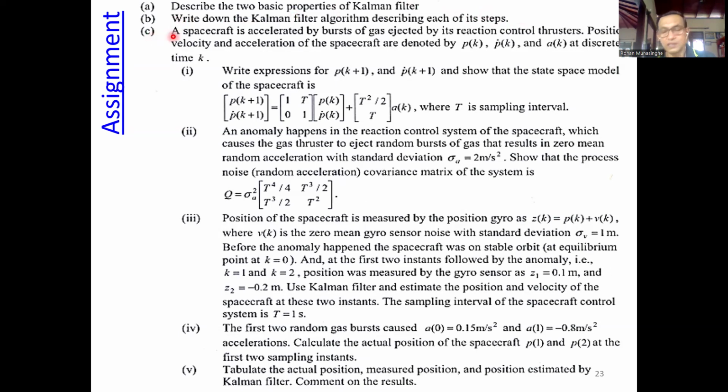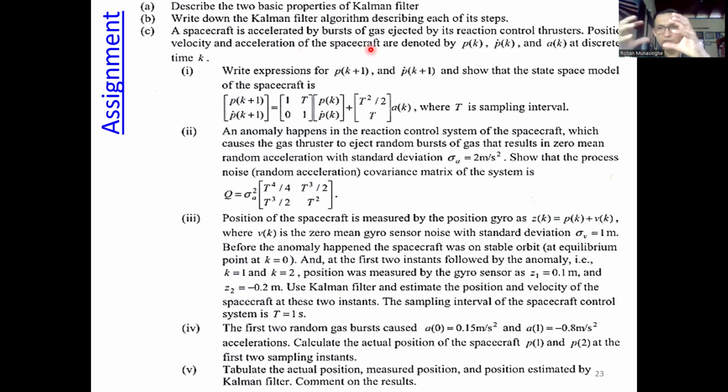See, this is actually the problem. A spacecraft is accelerated by bursts of gas ejected by its reaction control thrusters. So there's a spacecraft in orbit. You have to visualize this process first. The position, velocity, and acceleration of the spacecraft. So it's moving, right? Here and there.